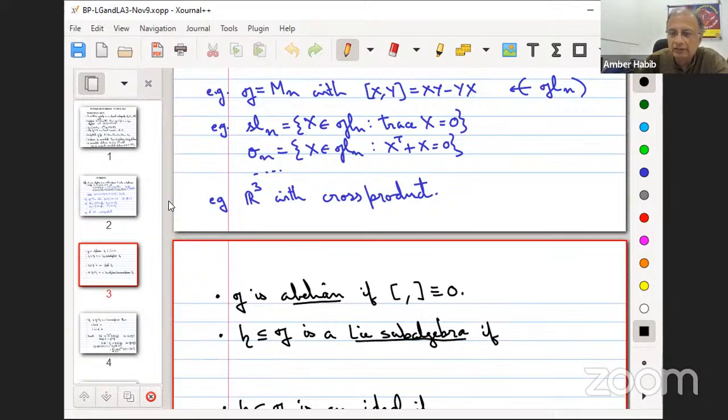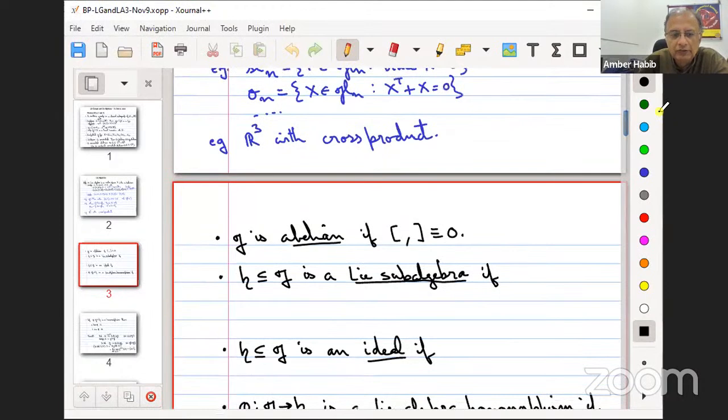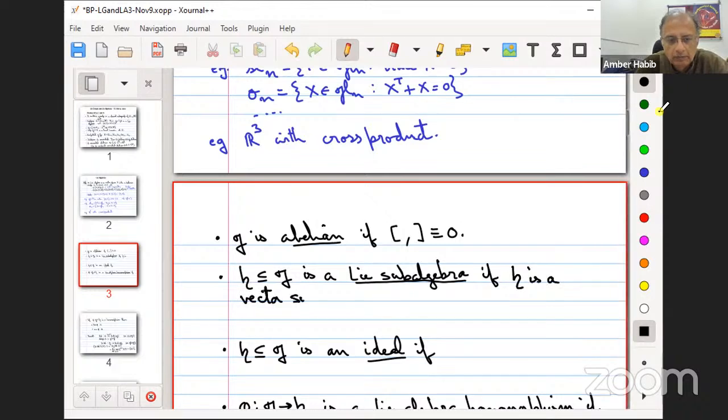Okay, that's your definition of an abelian Lie algebra. All right, what should be a Lie subalgebra? Of course, an algebra is a vector space with a bracket, so a subalgebra has to be the same thing. And therefore, first of all, this H needs to be a vector subspace of the Lie algebra G. And second, it should be closed under the bracket.